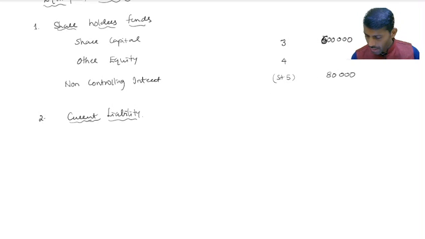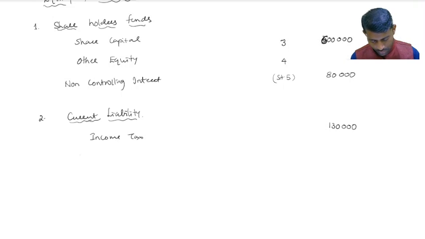Under current liabilities, other liability is income tax, both companies put together, 1,30,000.